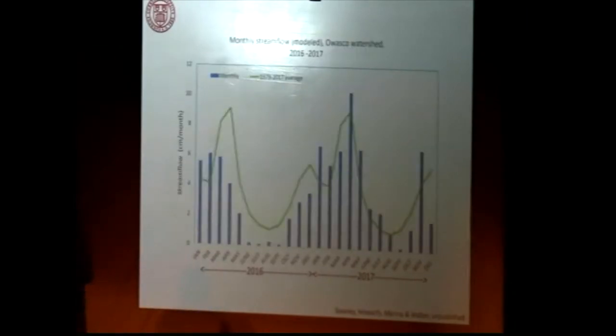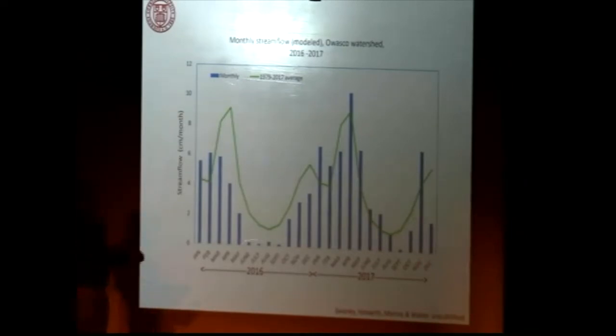If we look not only at the precipitation but the stream flow, the water that's actually leaving the landscape and entering the lakes, this is for Owasco, but you see the same thing in Skaneateles. So we've modeled this stream flow from 2016 to 17. There was no stream flow in the summer of 2016. It was actually low in the spring. Creeks were running dry, so there's no movement of nitrogen.